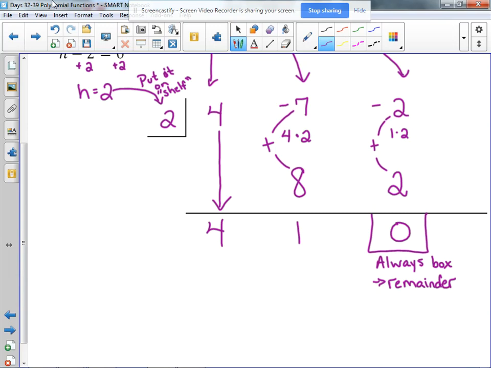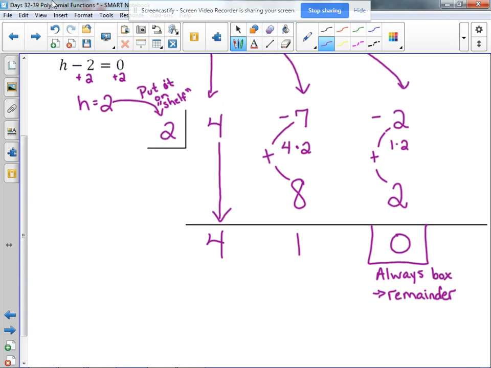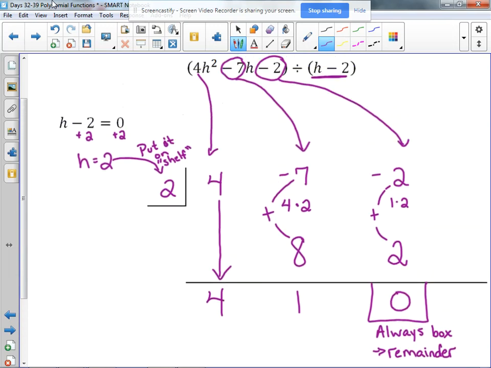Now, we just have these two random numbers. We've got a 4 and a 1, but our problem had variables. So what we do is we look at the degree of the original problem. In this case, it was degree 2. We reduce the degree by 1 because we have divided h squared by h. So it goes from h squared to just h. If there's not a sign in front of a number, it's a positive number, right? So that means that's a plus 1.